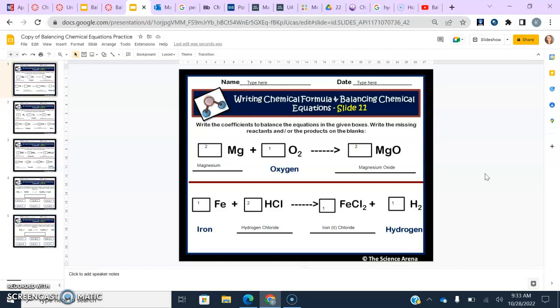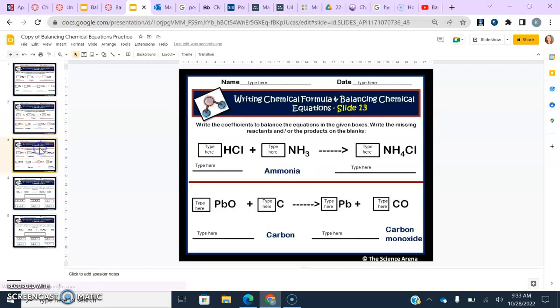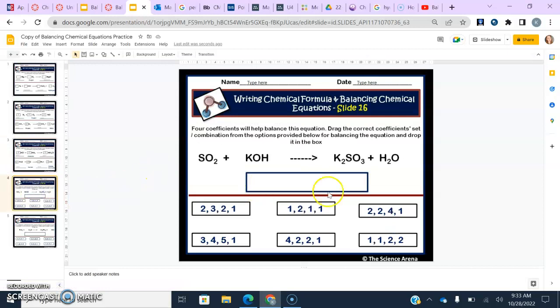So now that I've done those examples and you have your examples from your notes, you are going to do slides 2 and 3 on your own. And then slides 4 and 5 are a little bit different. These 2 slides have a formula or an equation for you, and you have to balance it, but then these boxes here are the coefficients, and you're going to drag the correct set of coefficients.